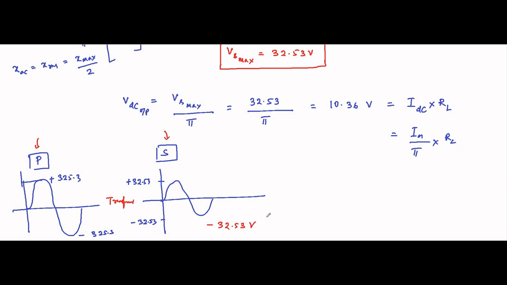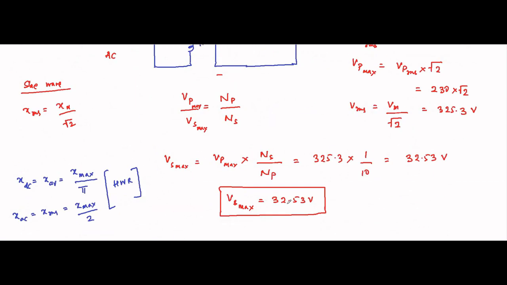So the peak inverse voltage, which is the maximum value of the reverse voltage which appears across the diode, is minus 32.53 volt, or the negative of the maximum value of the secondary winding voltage.